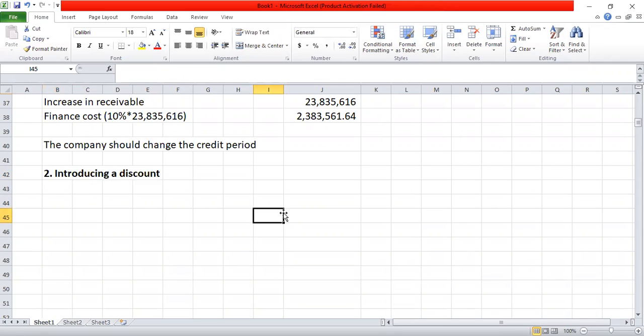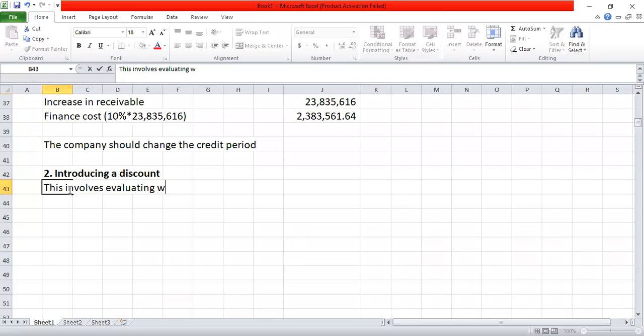So it also involves evaluating whether the company should introduce a discount or not.